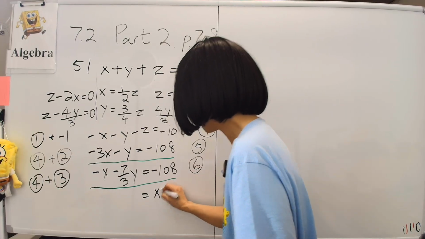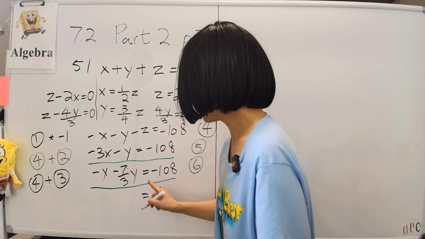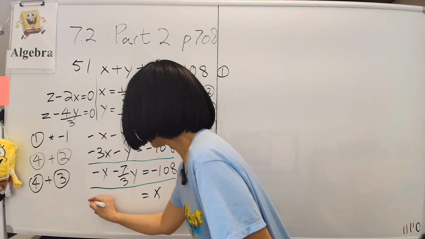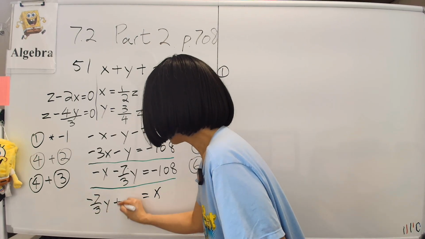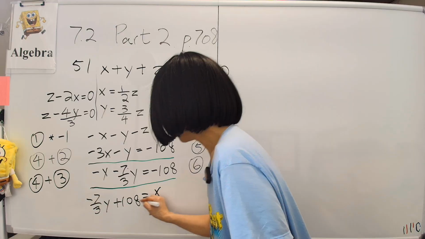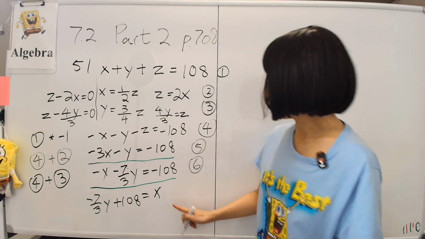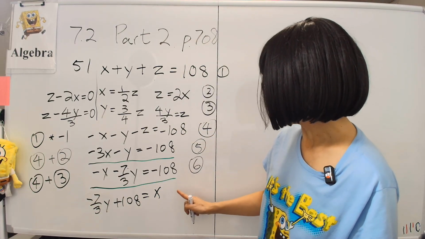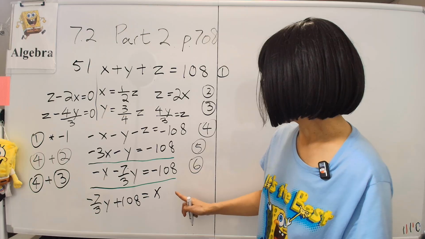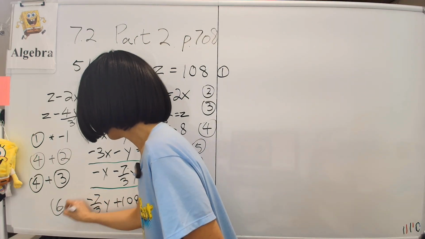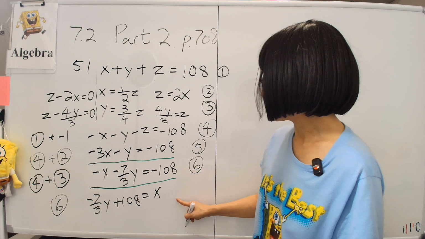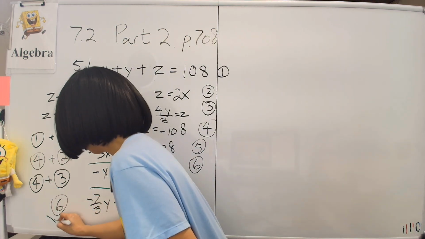So x becomes positive, and the other side becomes negative 7/3 y plus 108, and that is x. Now, knowing that, let's plug it into the other equation. This comes from equation 6, and we'll put it into equation 5.